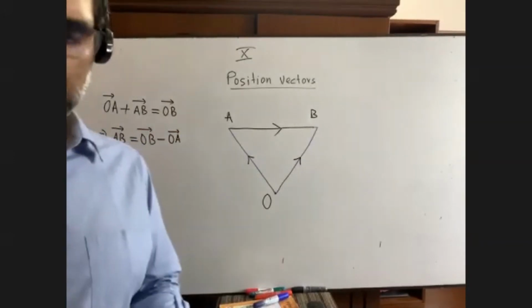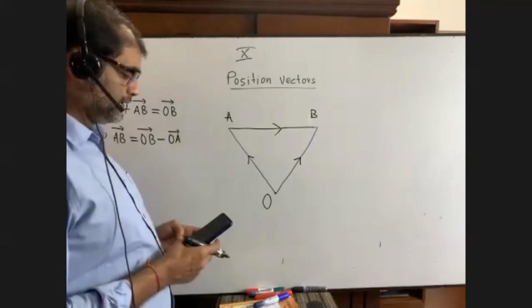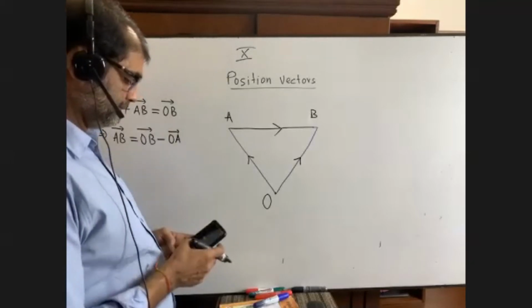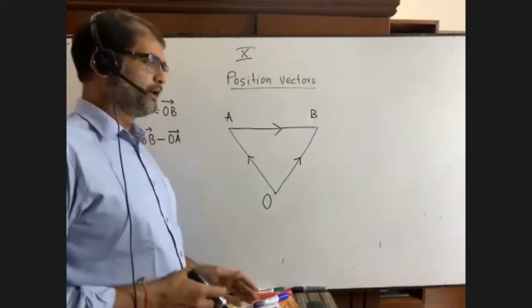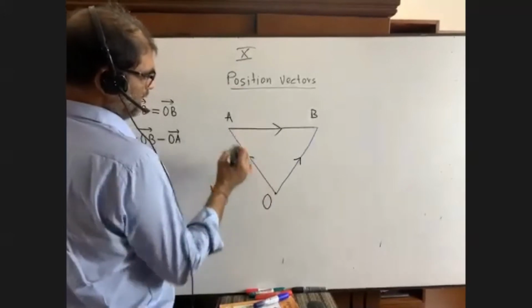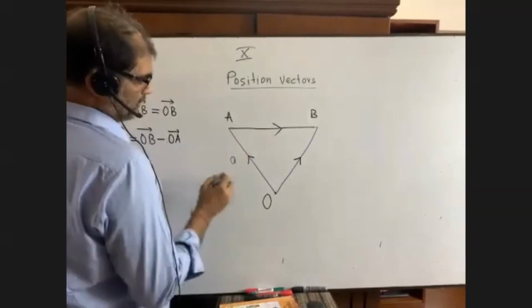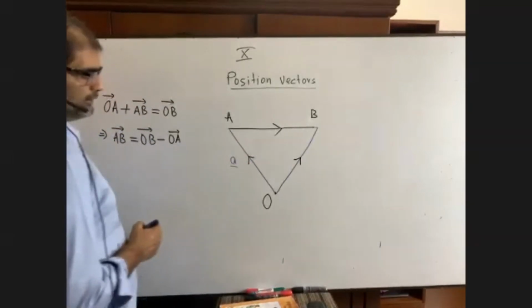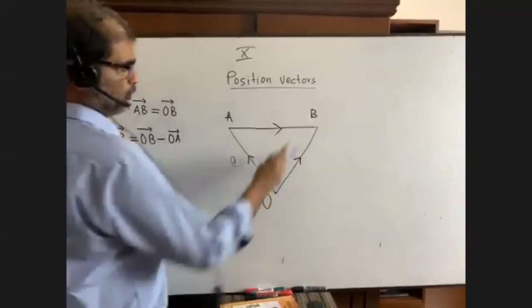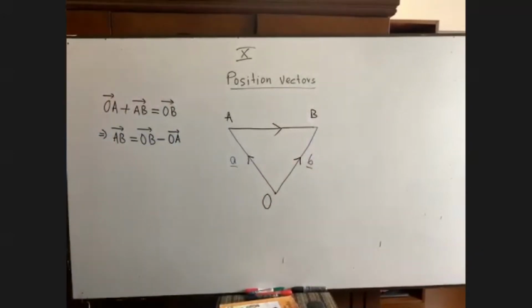OB minus OA. What is meant by this? Suppose from O to A, it is marked by A, but as a position vector. O to B, it is B, but as a position vector.